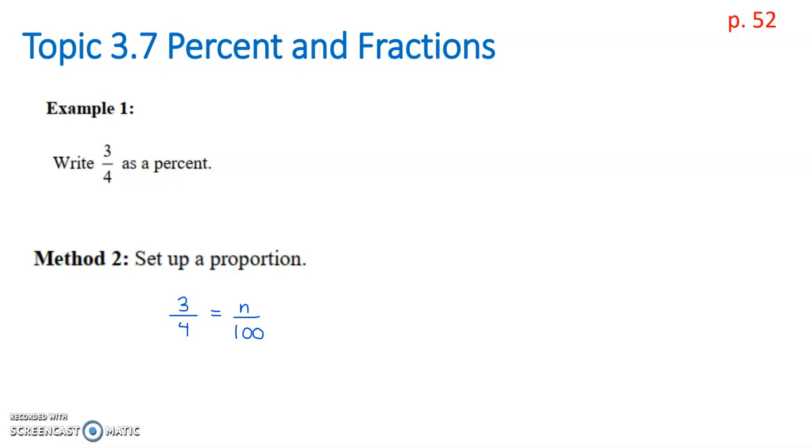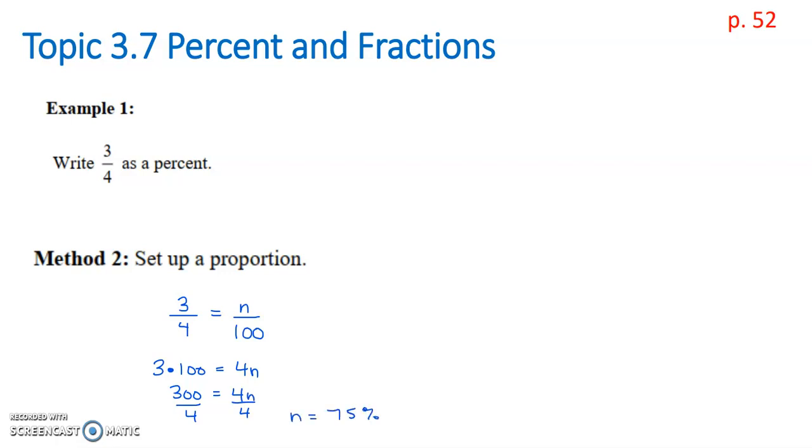Percent means per 100. From here, you can solve algebraically, or I'll show a quicker method. So algebraically, 3 times 100 is equal to 4n. 300 divided by 4, because we need to get n isolated, gives us a result of 75%.